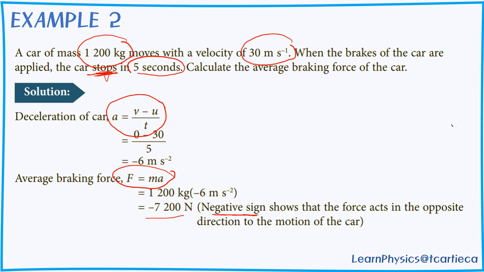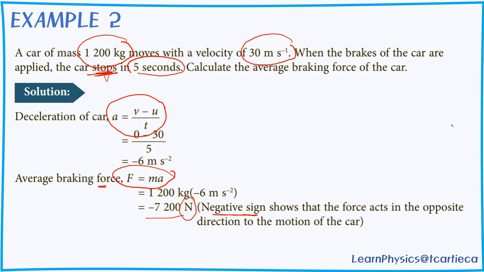So daya yang untuk menghalang pergerakan asal kereta tersebut. So negative. Alright. So your answer should be in the right unit. So force kan, whatever braking force, frictional force, asalkan dia force, unit dia adalah Newton.